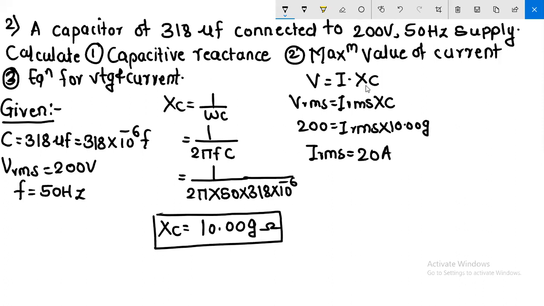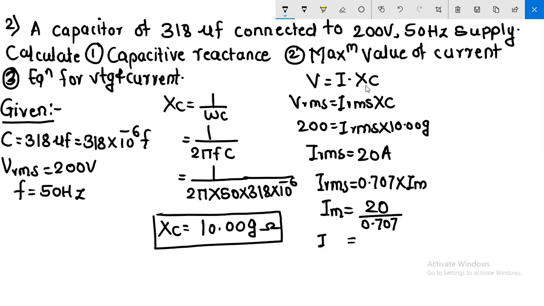Now how can we find the maximum value? Irms is equal to 0.707 into Im. बरोबर आहे का? So Im is equal to Irms 20 divided by 0.707. किती येते सांगा मॅक्झिमम करंटची व्हॅल्यू? 28.28 ampere.